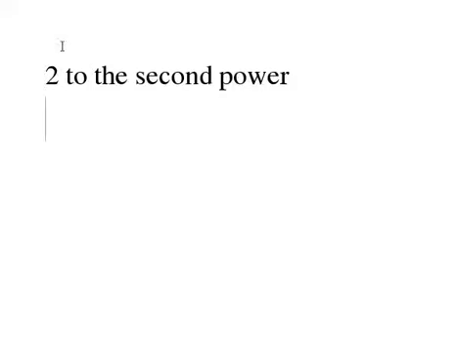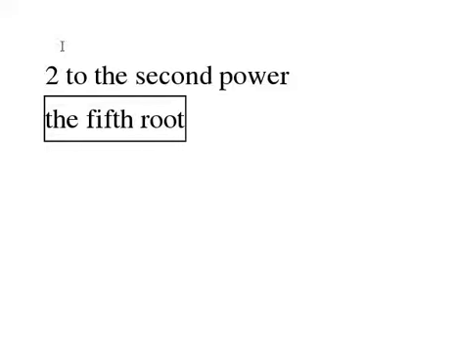Well, the easy way to say that is 2 to the second power, as you know, is 2 times 2, which is 4. Now 4, you can take the square root of it. For example, the 5th root.